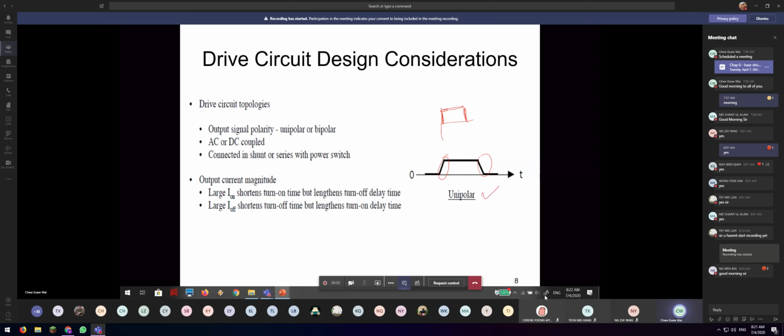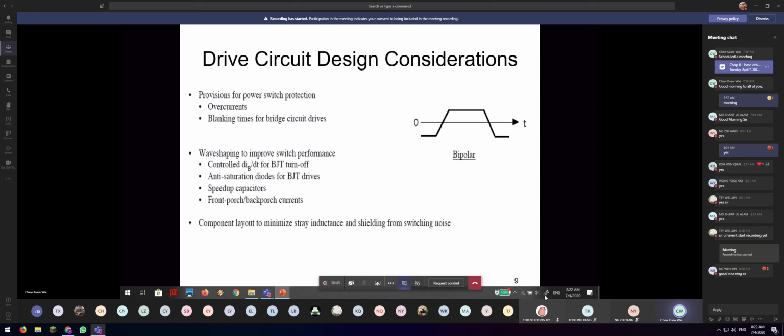Unipolar means only one side, like an on-off switch: here's the off, here's the on. This is the input signal to the drive circuit. It can also be bipolar. Bipolar means a repetitive pulse signal like this, with high and low polarity. That's why we call it bipolar.